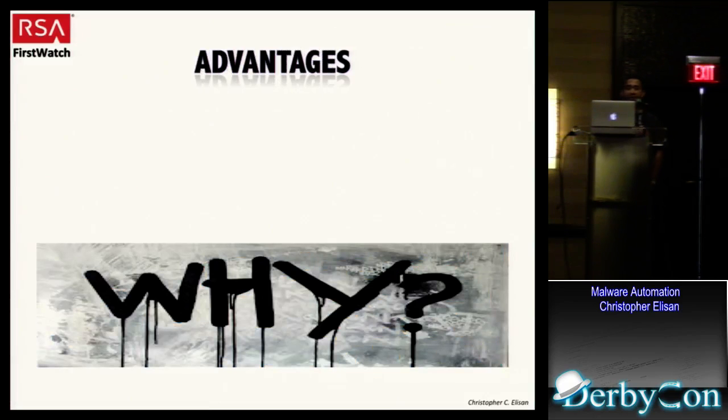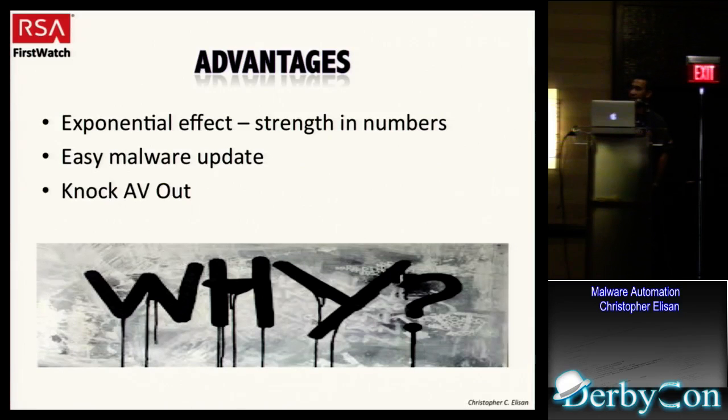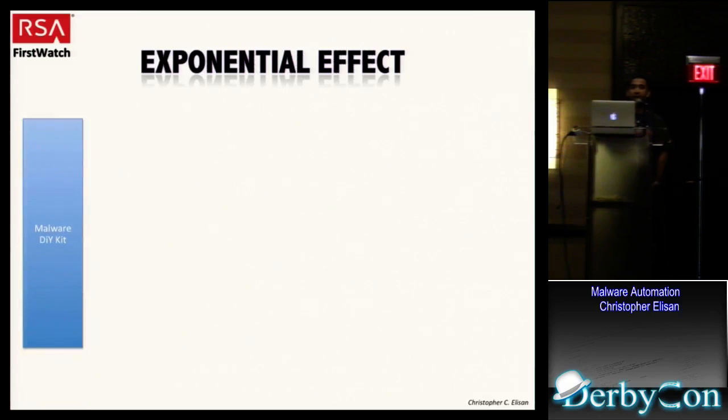So why do they do this? What are the advantages offered to the attackers? Exponential effect. The more malware you have, the stronger you are in your attack. And updating malware is quite easy, and it knocks AV and other security products out. As I said, you could create an infinite number of malware samples. So you start with a DIY kit.